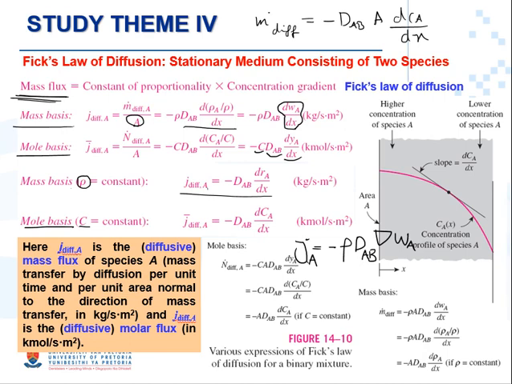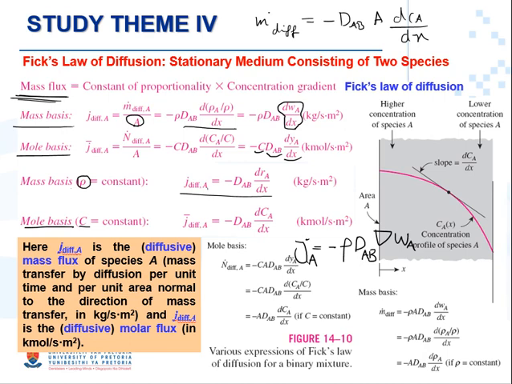This constant is called the binary diffusion coefficient. It's also called mass diffusivity. So all of them are talking about the same thing: diffusion coefficient, mass diffusion coefficient, binary diffusion coefficient, or mass diffusivity.